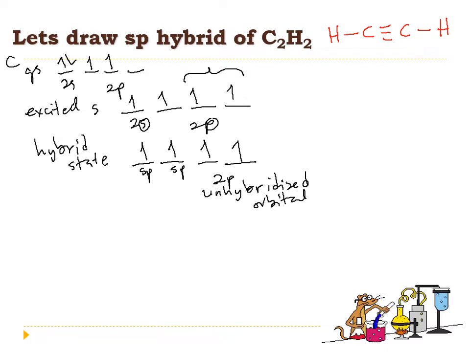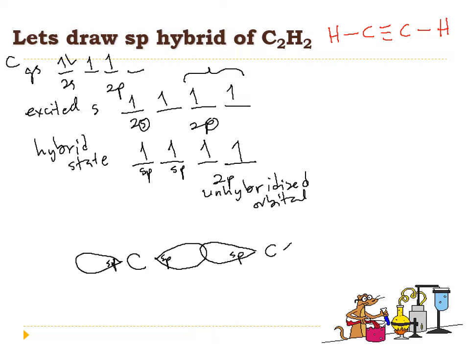So what does it look like? Carbon has 1 sp, 1 sp over here. We labeled it sp, and then the carbon next to it would have another sp and one more.